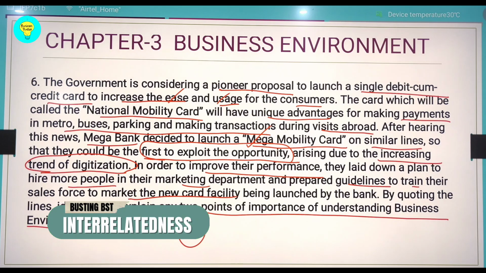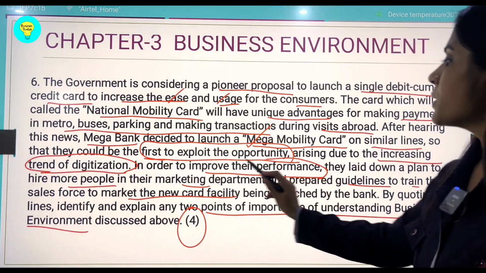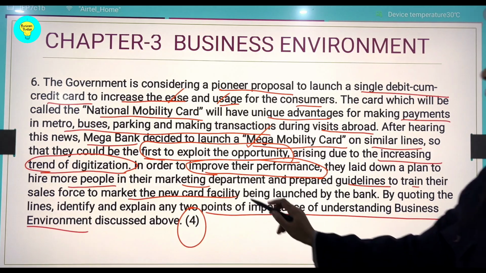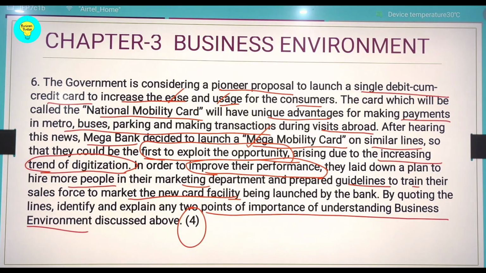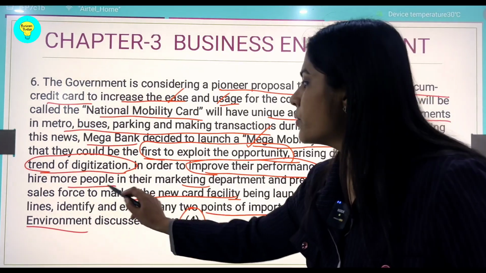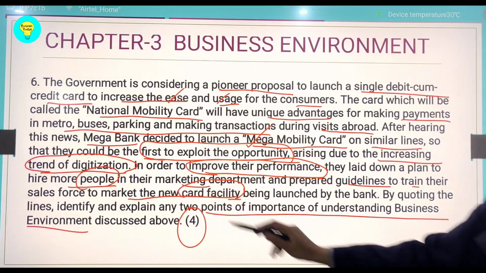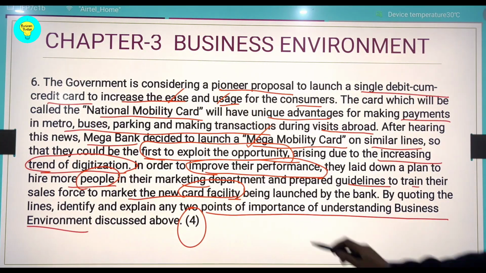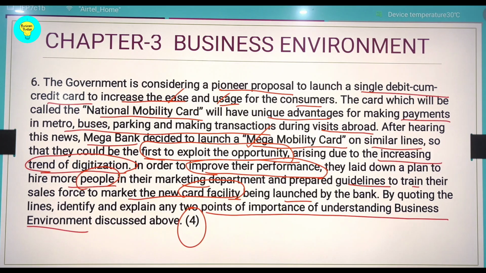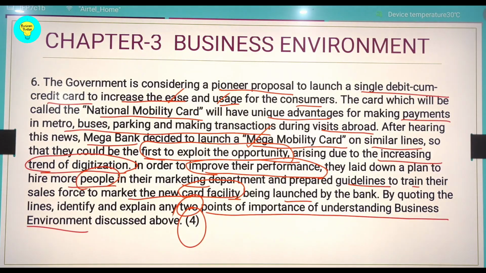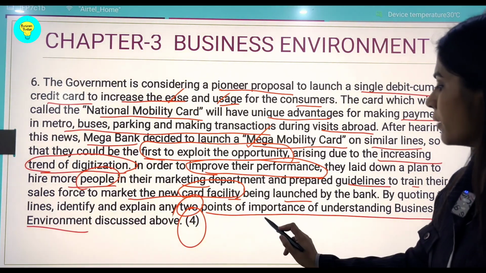So all this process is also talking about enhancement of performance by making an optimum utilization of the available resources, whether it is the human resource or the physical resource. All these have been properly launched and marketed by the bank. So now by quoting the lines, you have to explain any 2 points. Since only 2 points have been asked, we are supposed to restrict to the number.